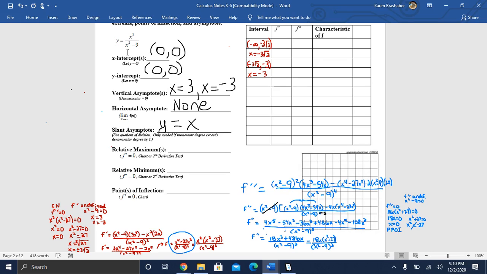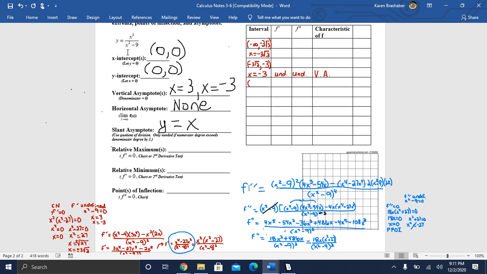And actually, we already know this, so I would encourage you to put that this is where f prime is undefined, also where f double prime is undefined, because the characteristic is that we have a vertical asymptote here at x equals -3. And then we'll keep moving on from here.